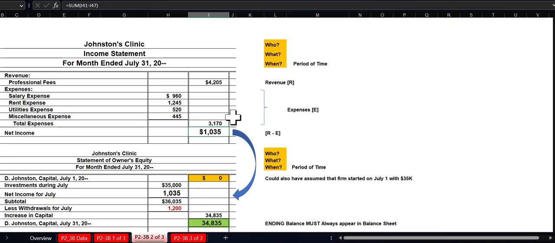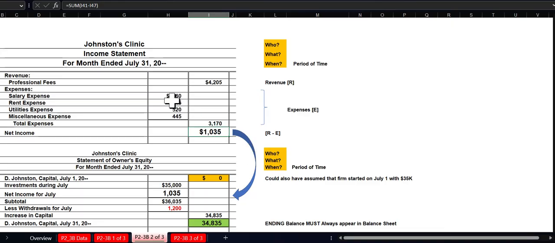When you are entering your information in the income statement, simply record the absolute values of these amounts. Do not record them as negative, because the template is set up, as you can see from the formula here, to take this total and subtract it from this total to give you your net income or net loss.